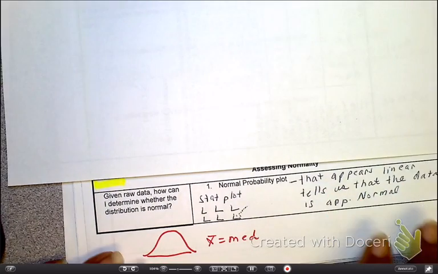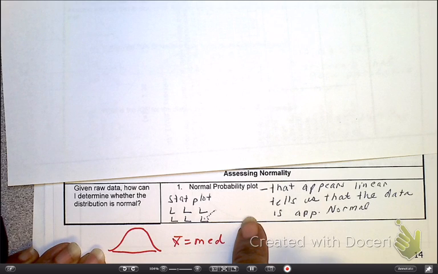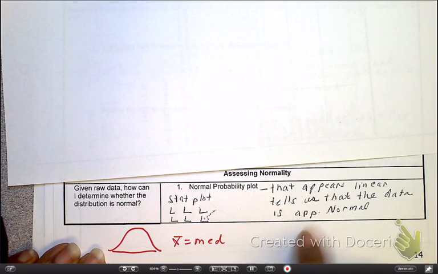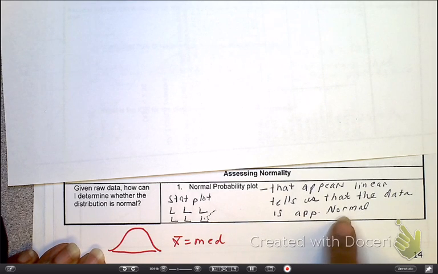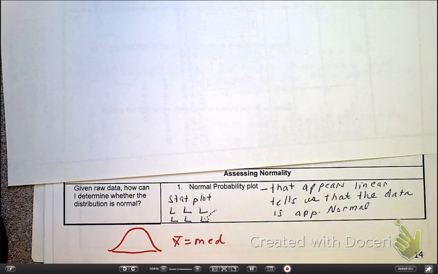There's 3 ways. Method number 1, we are going to be using a normal probability plot. That's the first thing I'm going to show you. And when that normal probability plot appears normal, or I should say appears linear, then we know it's approximately normal. I'll show you exactly where the normal probability plot is in your calculator.